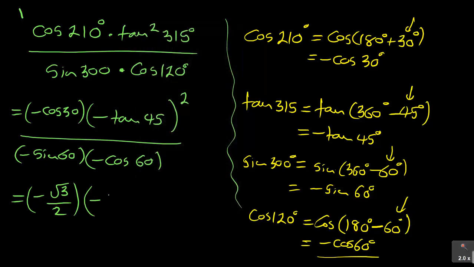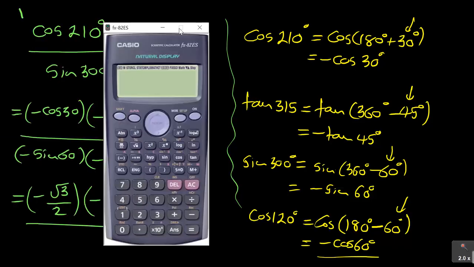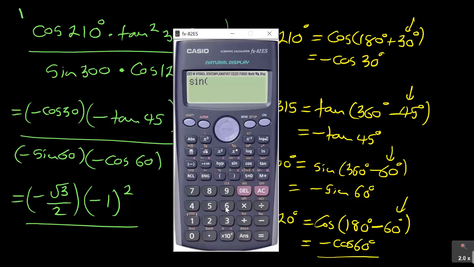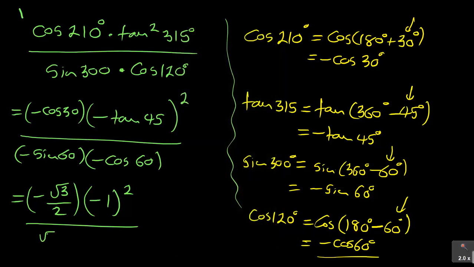So you've got minus 1 squared all over, and then sine 60. Here it will be, as I said, I'm just using a calculator for now, root 3 over 2.